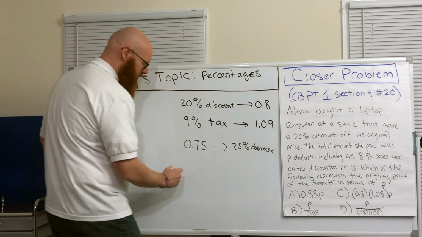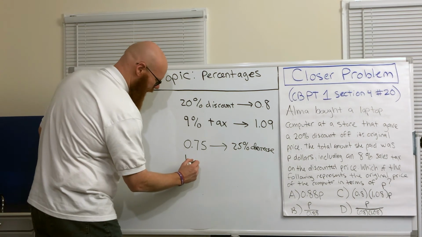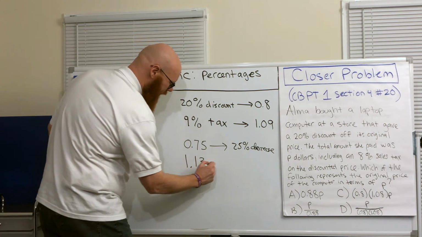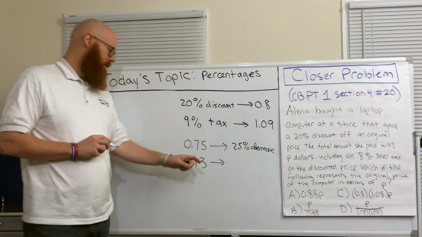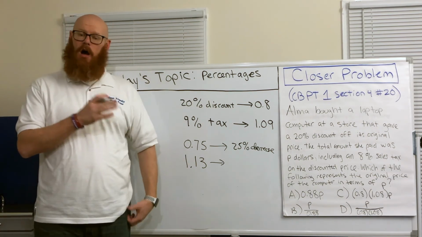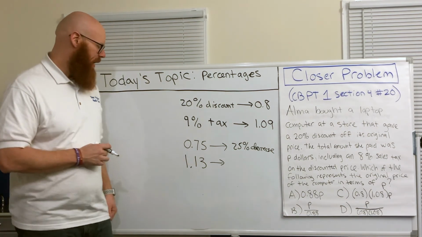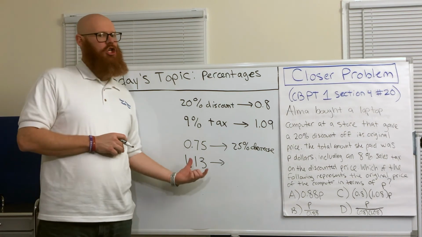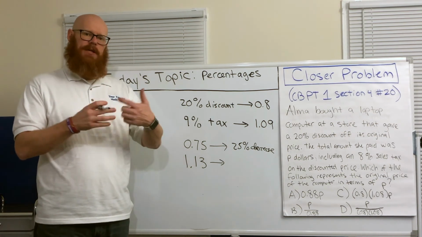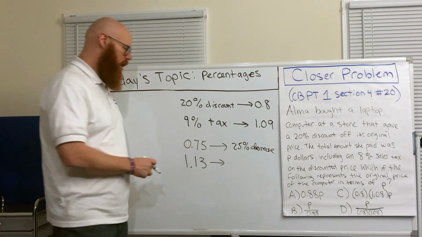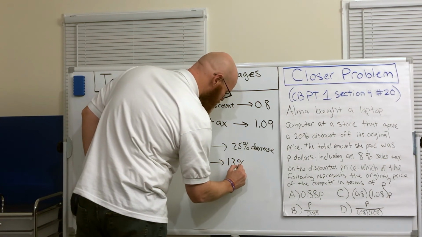And lastly, let's say you do the math and you end up with a number like 1.13. Well, this means since it's above 1, it must have come from some kind of increase. And specifically, this is like 113%, which is 13% more than 100%. So this is really a 13% increase.